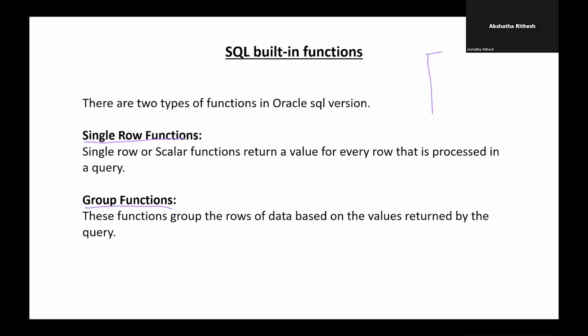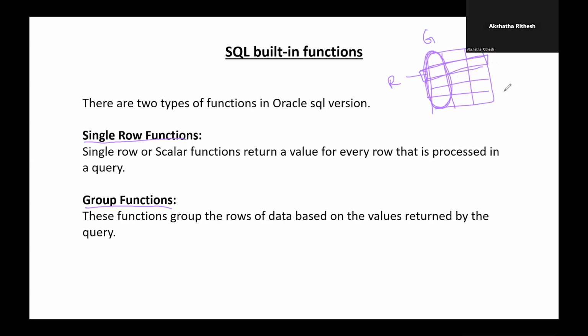Suppose I have a table, I can apply these built-in functions either row-wise or I can group them. Row-wise is called single row functions, where it will be applied to each and every row. I can retrieve certain data from the row, or else I'm grouping the tuples and then taking out the data, then it is called a group function.